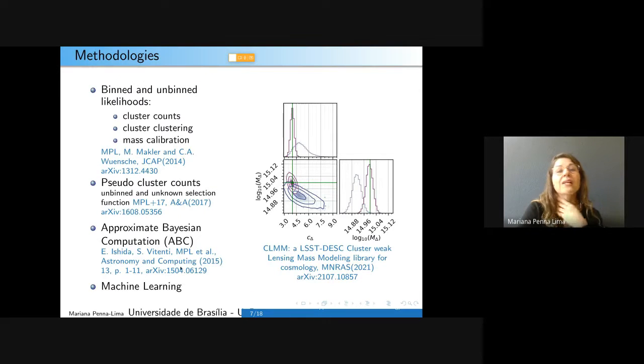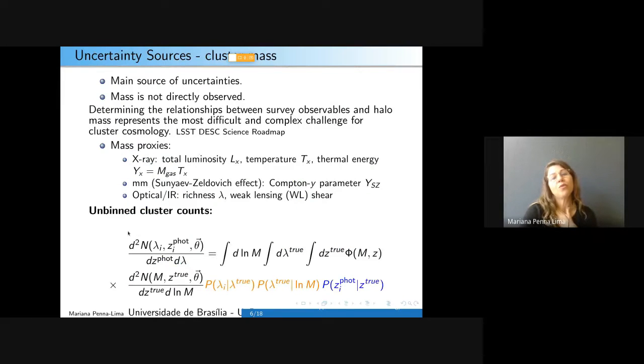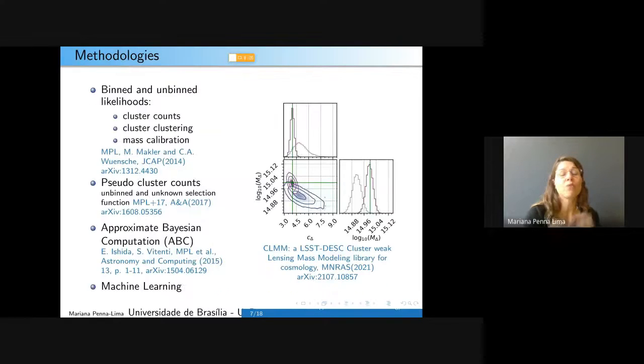Okay. Some methodologies that you can find about cluster cosmology and cluster mass estimate are the binned and unbinned likelihoods, as I mentioned to you. And to give an example, for binned cluster counts, you also have to integrate over a photometric redshift bin and over a richness bin. So we will have at least two other integrals here to compute the number of clusters in a given redshift bin and richness bin.